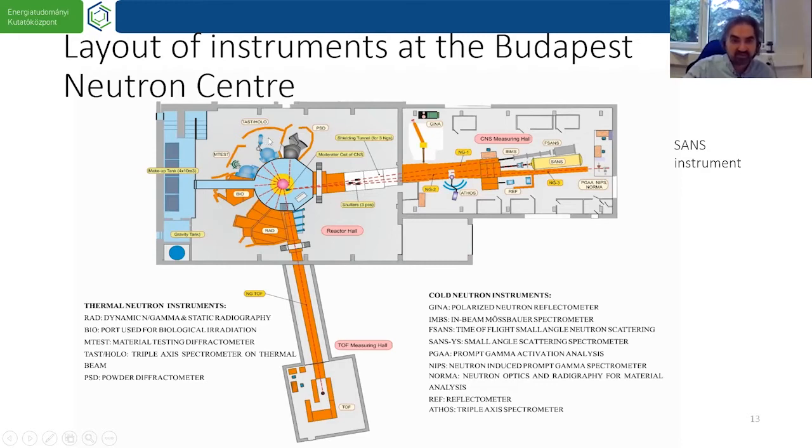This is an elastic scattering, inelastic diffractometer, a triple axis diffractometer, and the third one, I don't know if you see my cursor, but now I'm showing at the top of the picture in the left side. So the third instrument is a material testing diffractometer. It's called M-test. So these three instruments are conventional neutron diffractometers.